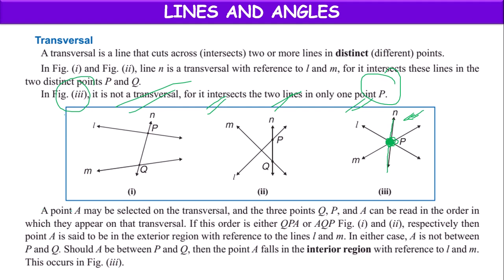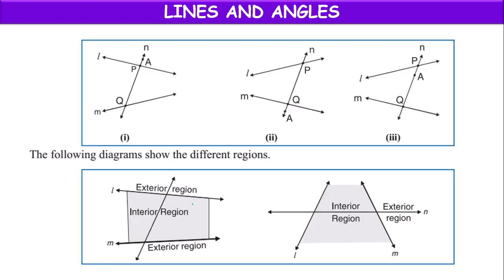Next, a point A may be selected on the transversal, and the three points Q, P, A can be read in the order in which they appear on the transversal, like this.